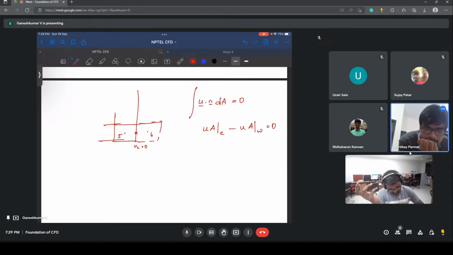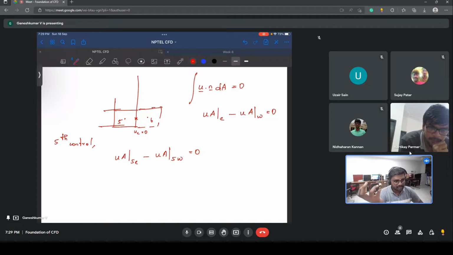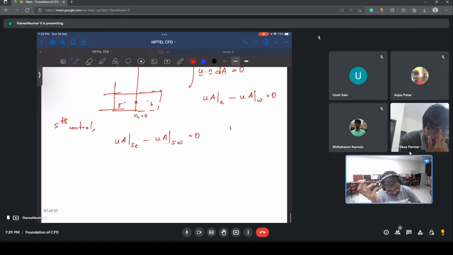Let's say for the fifth control volume, how will you write this equation? It is u squared at east minus u squared at west is equal to 0. This is the discretized equation. Now you know u at east is equal to 0, so your whole discretization equation changes.